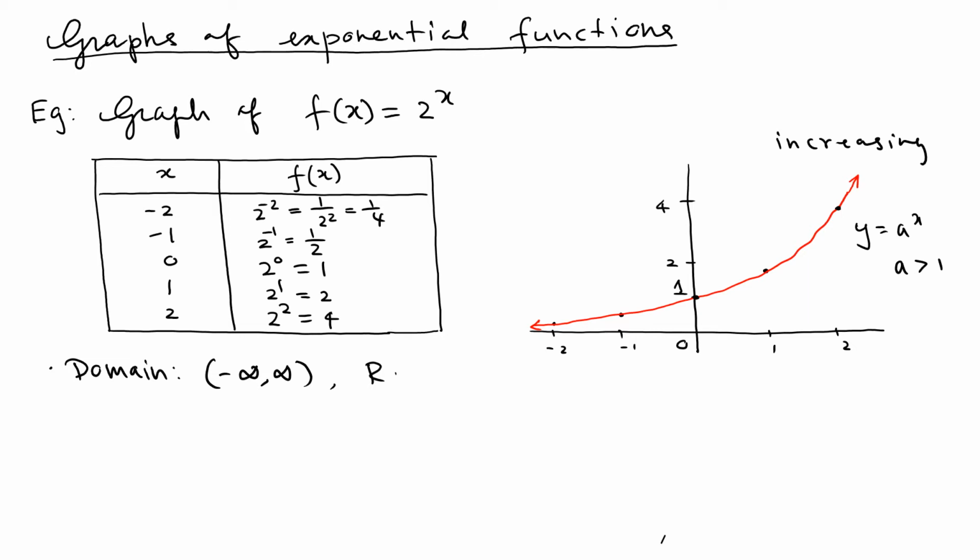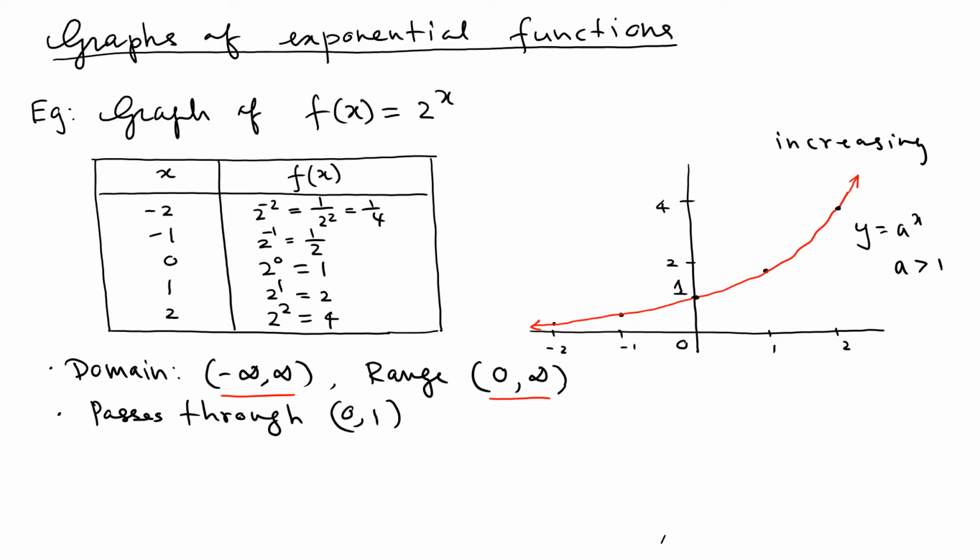The range is only the positive numbers, from 0 to infinity. You don't get 0 or any negative numbers. The graph also passes through the point 0, 1.